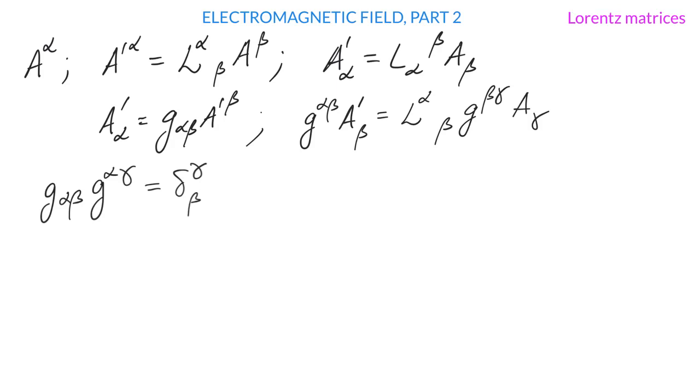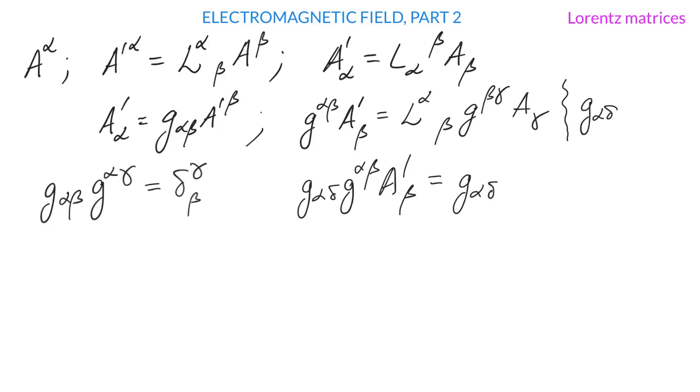So let's take this expression here and contract it with G alpha delta. On the left-hand side, I have G alpha delta, G alpha beta, A beta, and on the right-hand side, G alpha delta, L alpha beta, G beta gamma, A gamma.